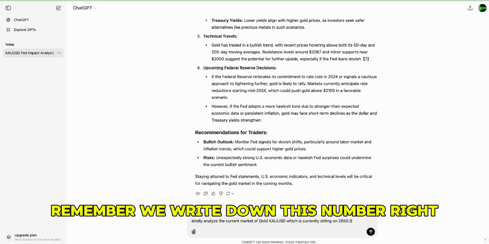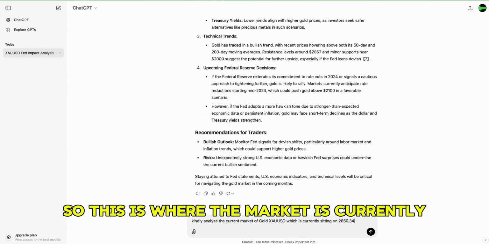Remember, we write down this number. This is where the market is currently.